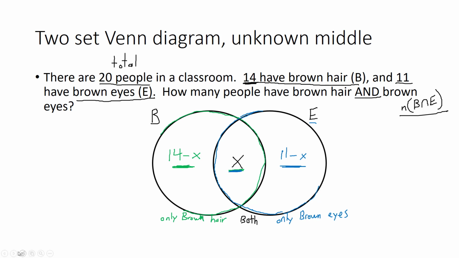What we really get here is, since we have the total, we can build an equation now that we've built these expressions. The people that have only brown hair, 14 minus x, plus the people that have both brown hair and brown eyes, x, plus the people that have only brown eyes, must be equal to the total number of people in the classroom.